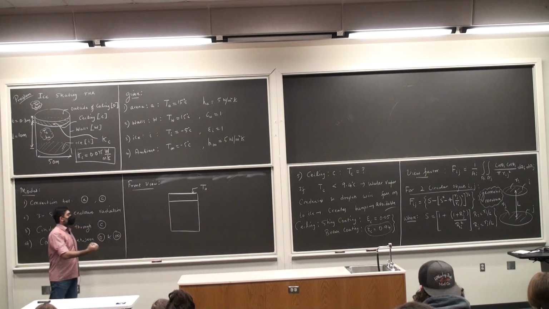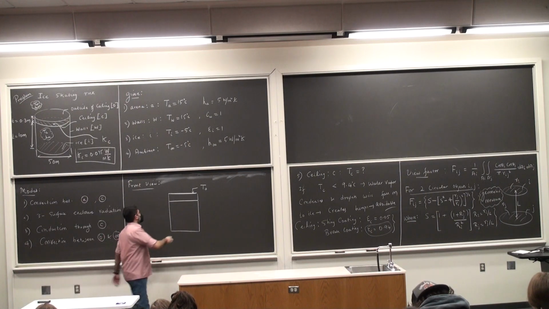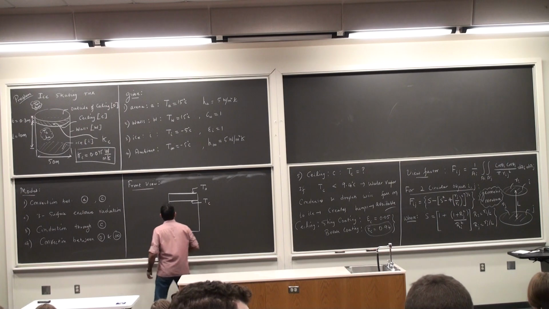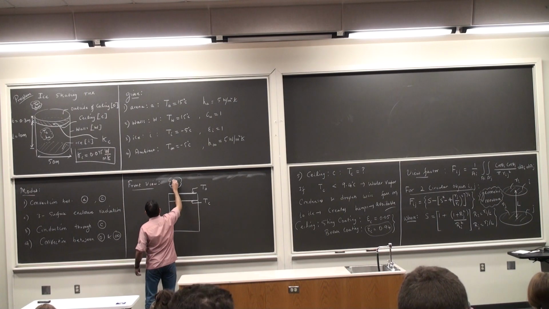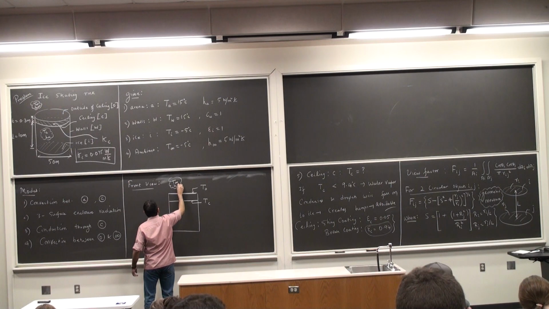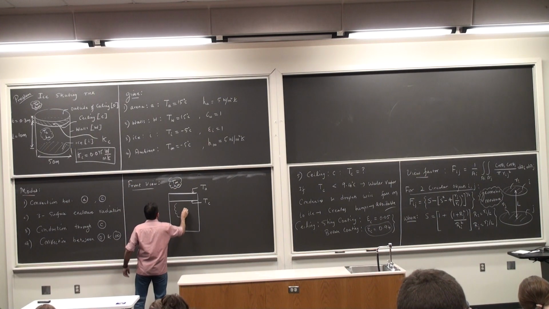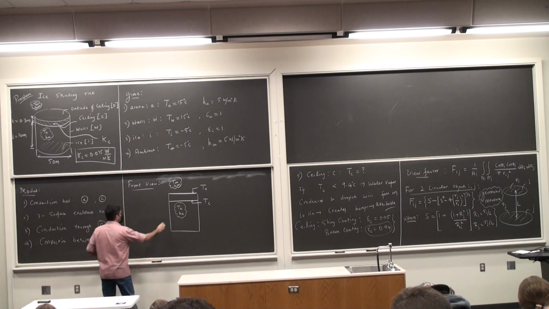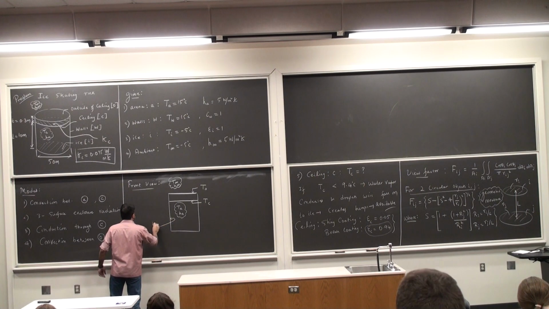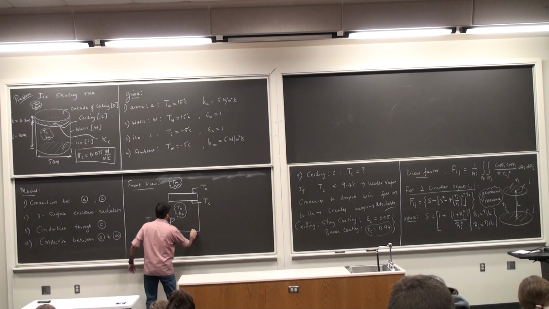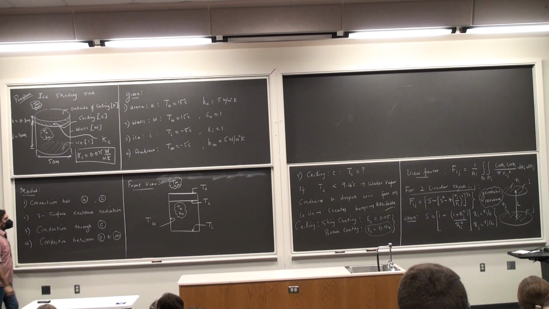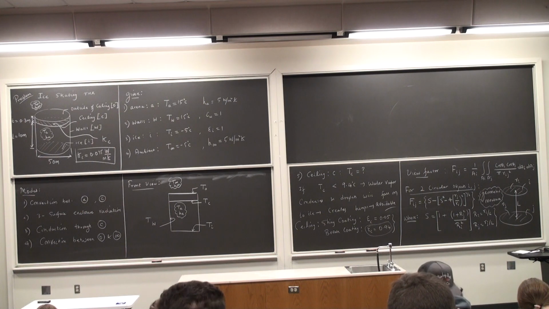Then I'm going to have the temperature of the sealing, TC. T infinity, H infinity, EA, HA. So this is the setup. The walls W, and then the ice, T ice. Focus on the sealing.